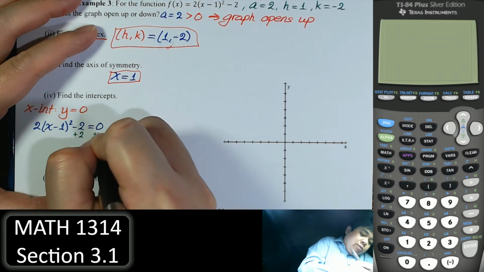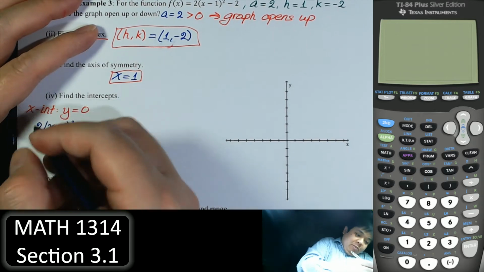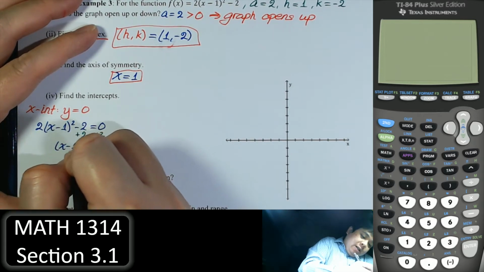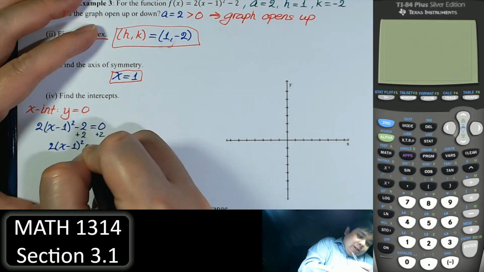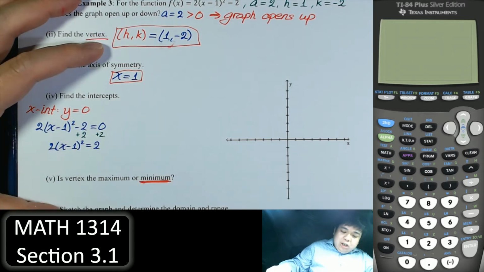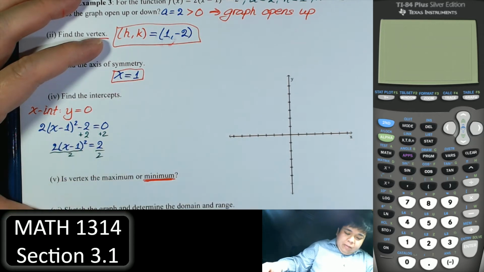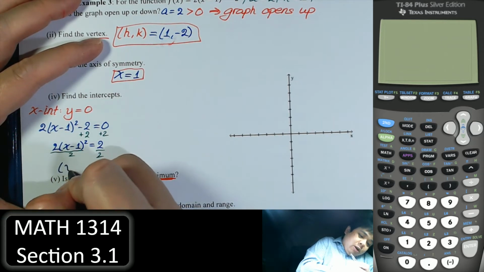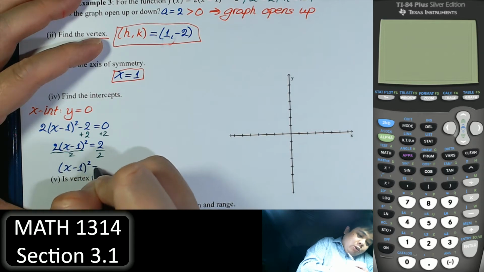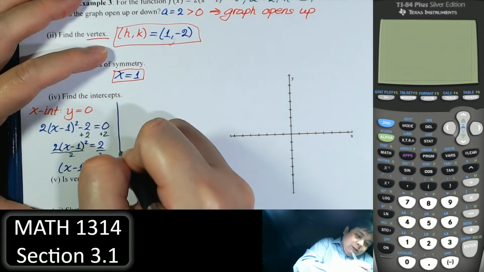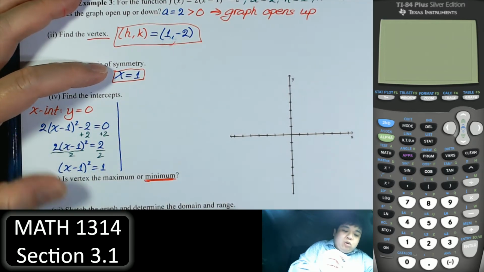I'm just going to keep the square and then divide by 2 on both sides. So (x - 1)² = 1, and then we can take the square root on both sides.